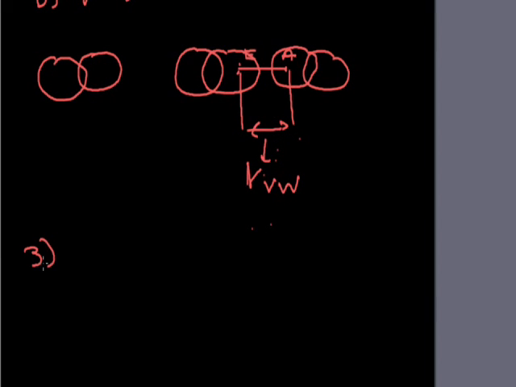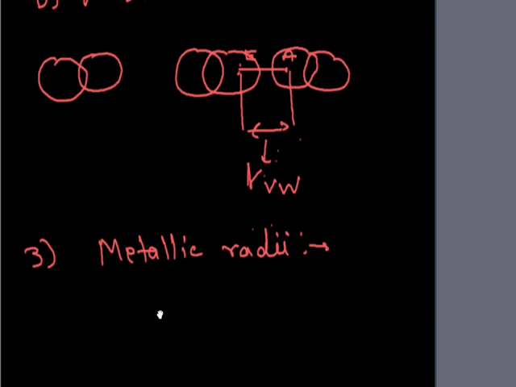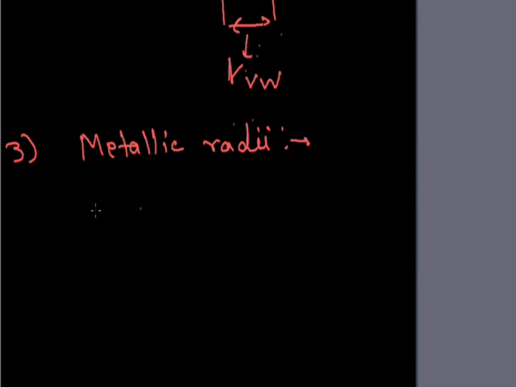Third radii which we will be reading is metallic radii. As the name indicates, it is present between two metallic atoms. Or it can be said as half of the internuclear distance between two adjacent atoms in a metallic lattice.